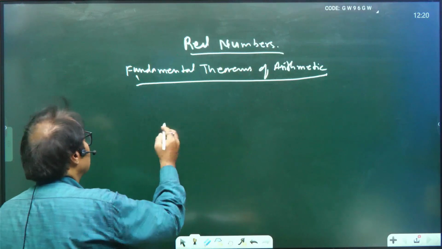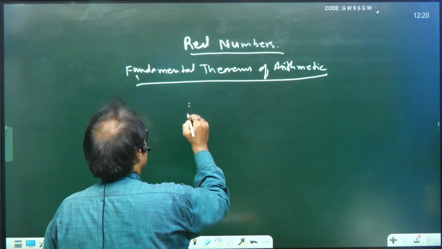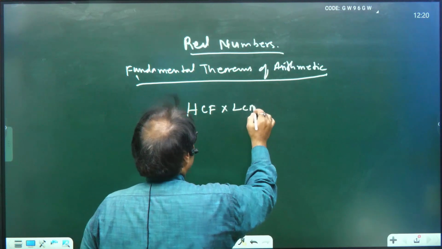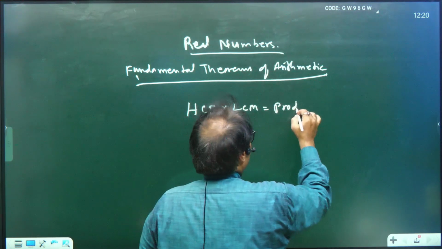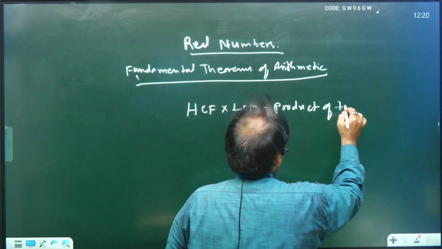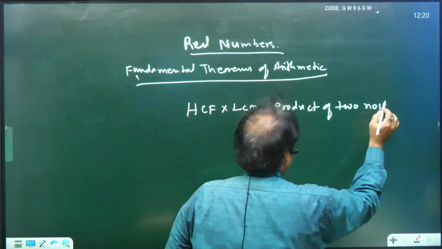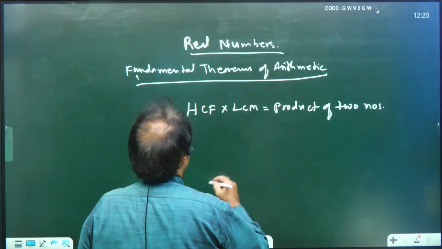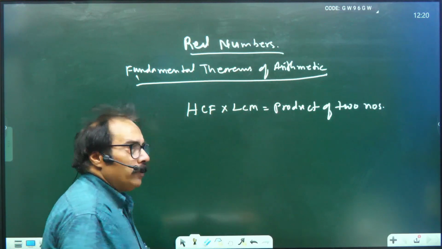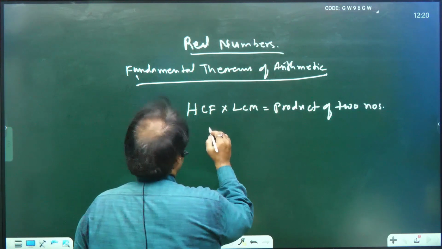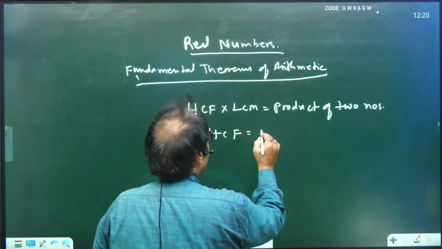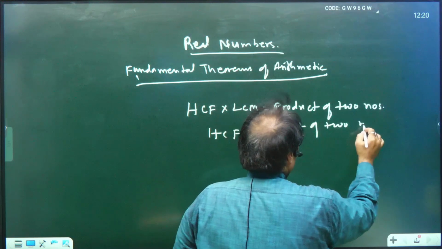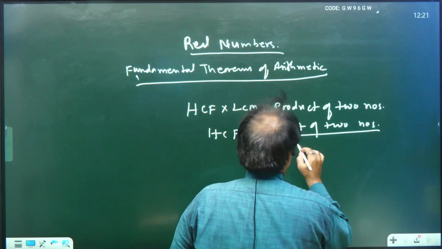Now the next point: in previous classes we have already learned that HCF into LCM is equal to the product of two numbers. If LCM and the product of two numbers are given, then HCF is equal to the product of two numbers divided by LCM.